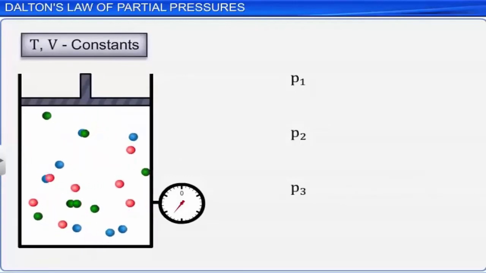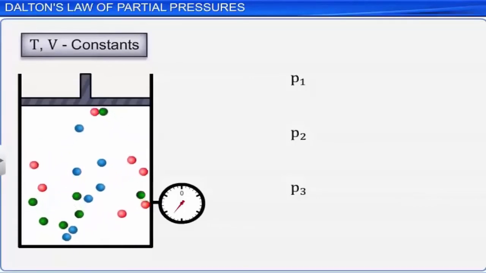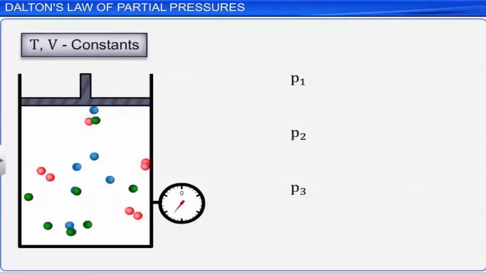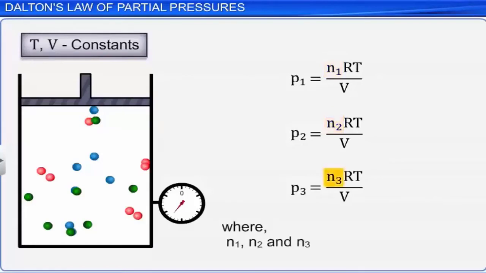Now, by applying the ideal gas equation, the partial pressure of gas 1, that is P1, is equal to N1RT divided by V. Partial pressure of gas 2, that is P2, is equal to N2RT divided by V. And partial pressure of gas 3, that is P3, is equal to N3RT divided by V, where N1, N2, and N3 are the number of moles of the 3 gases.